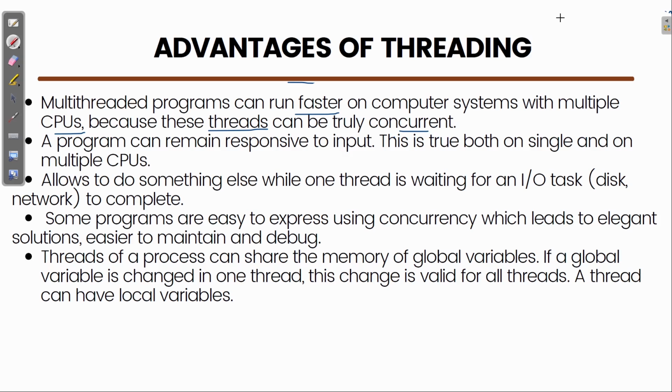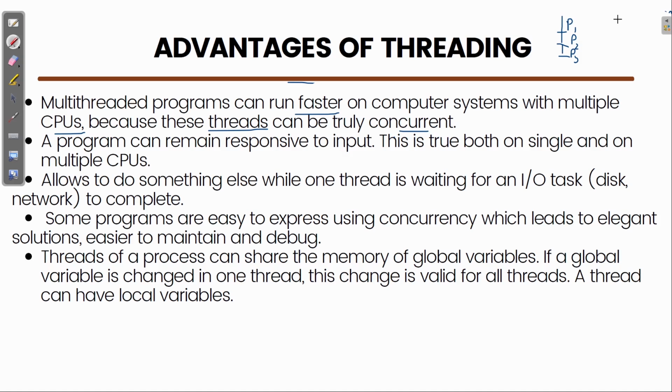Basically, concurrency means that process 1 executes, then process 2 executes, then process 3 executes. While process 3 is executing, processes 1 and 2 are on hold. That's called concurrency, where overlapping of time is happening.